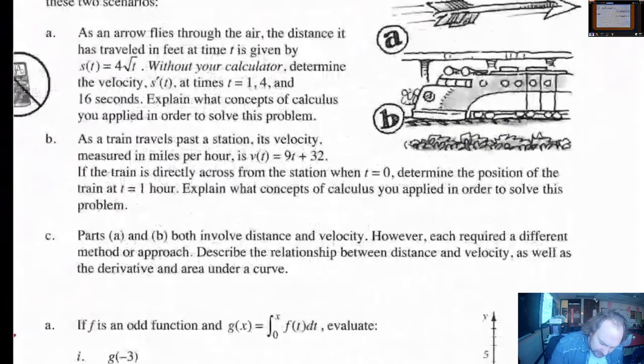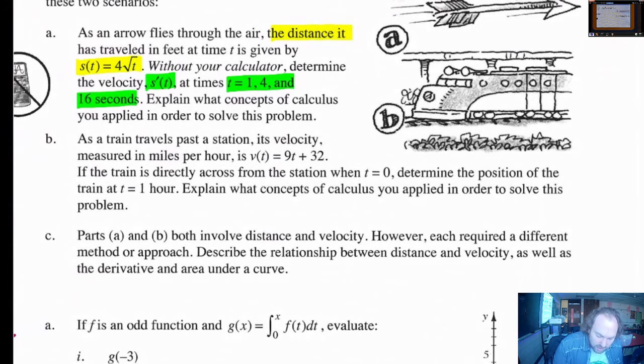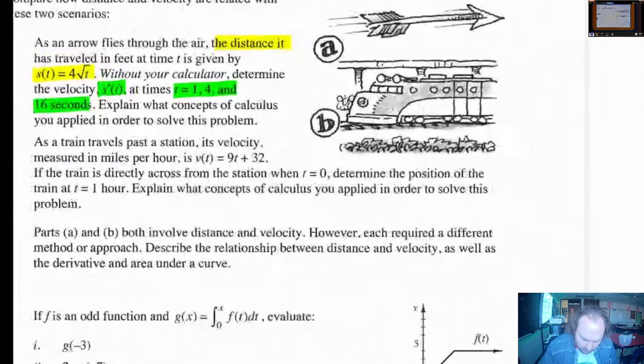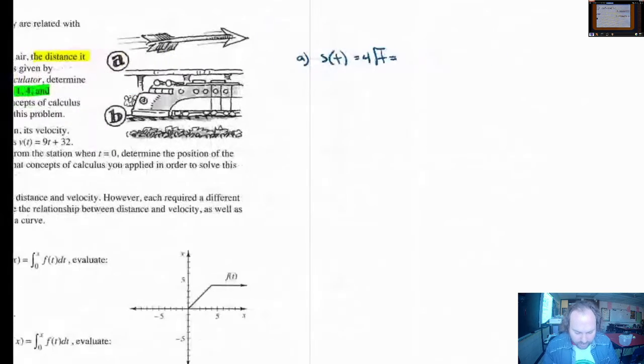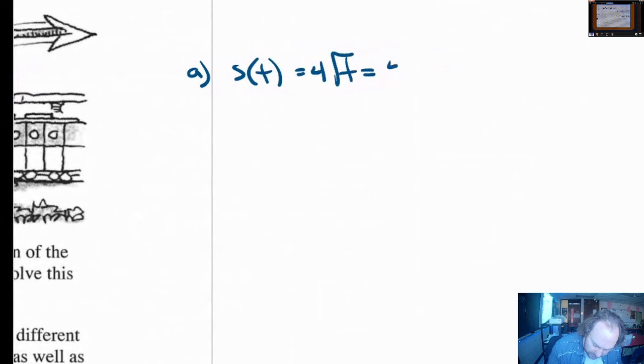Question A says that as an arrow flies through the air, the distance it has traveled in feet is given by this function, s of t. Without our calculator, we're supposed to determine s prime of t at 1, 4, and 16 seconds. So just like yesterday's problem, we're going to take the derivative and plug a bunch of stuff into it. Our original problem, s of t, is 4 square roots of t. I think it's better to think about this as 4 times t to the 1/2 power.